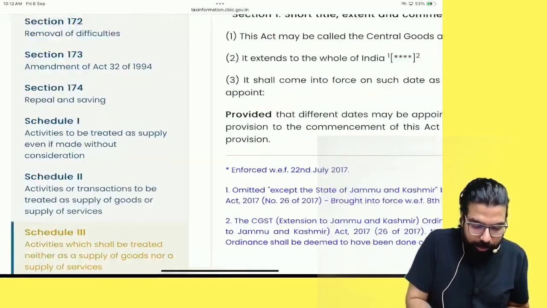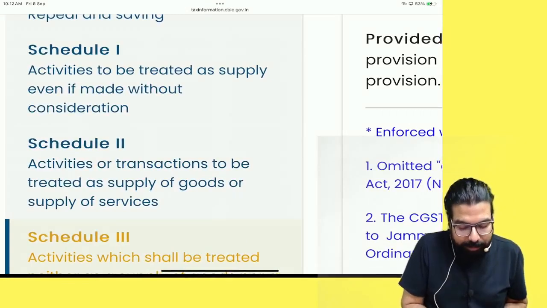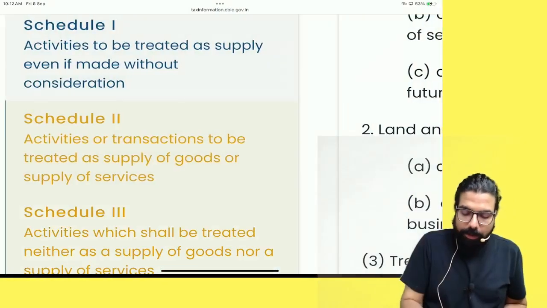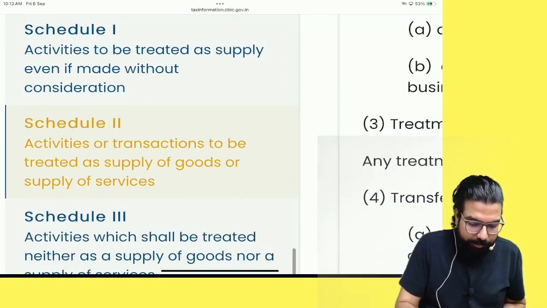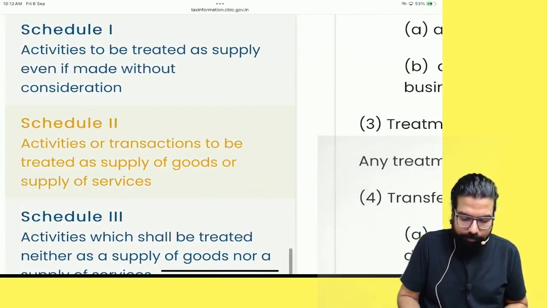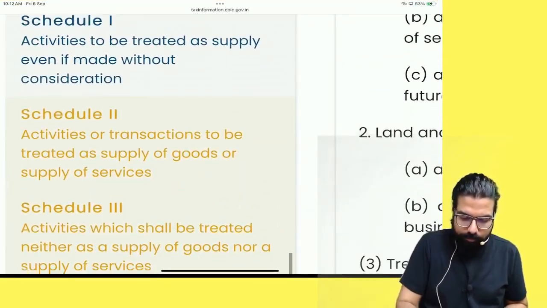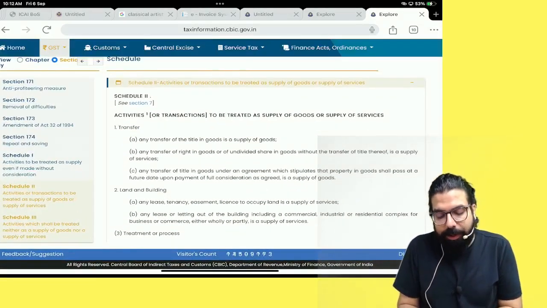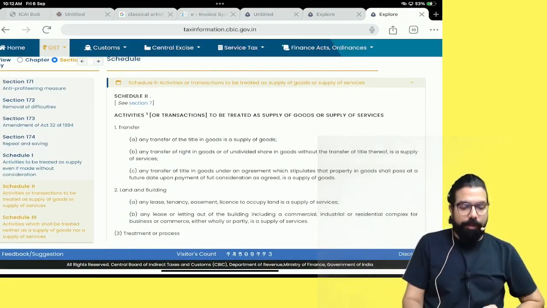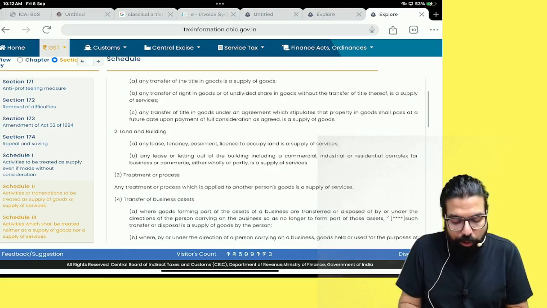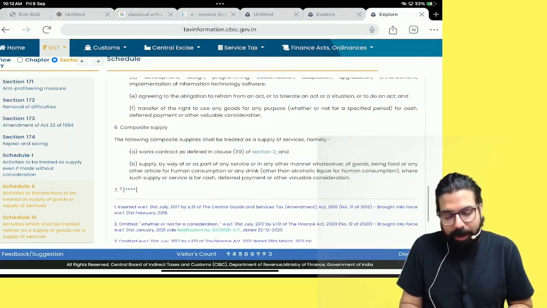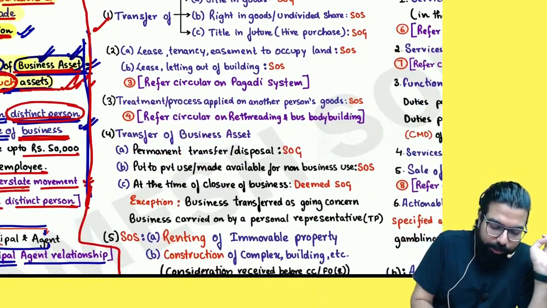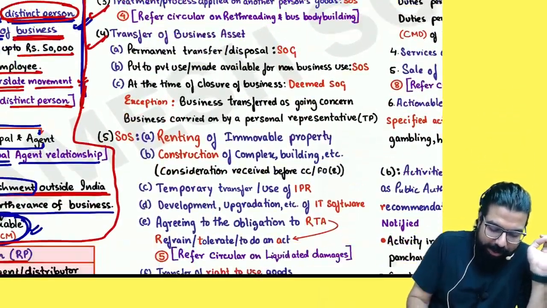Now we have Schedule 2: activity or transaction to be treated as supply of goods or supply of services. Schedule 2 has how many paragraphs? Six paragraphs, the seventh one is deleted. It has only six, and we are going to talk about these six paragraphs.